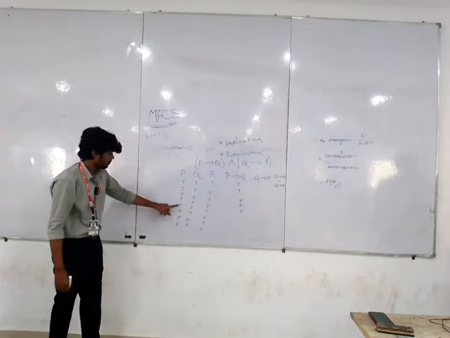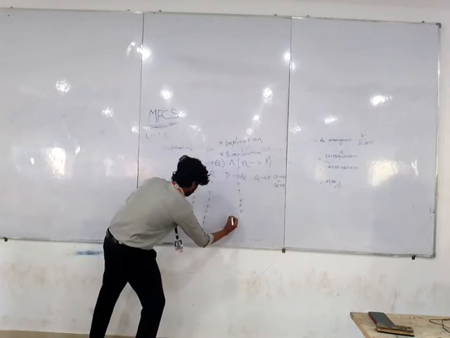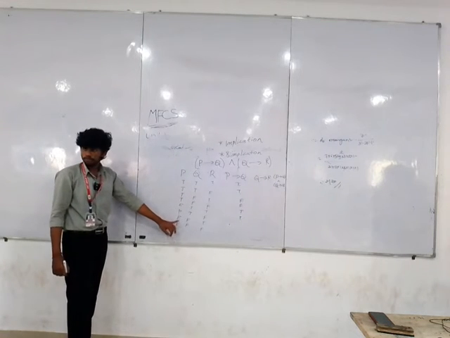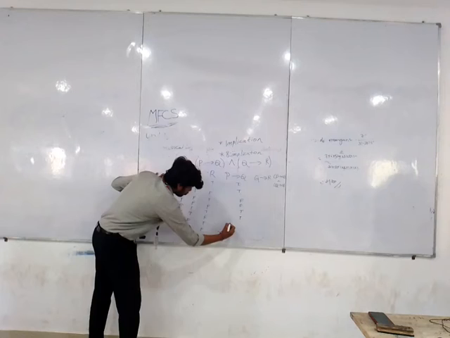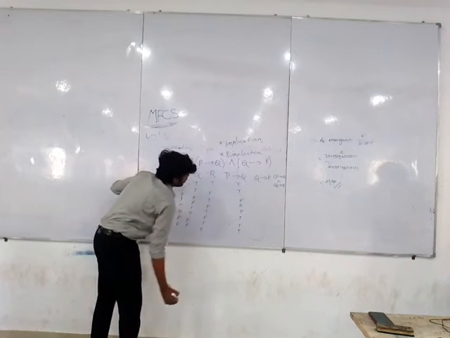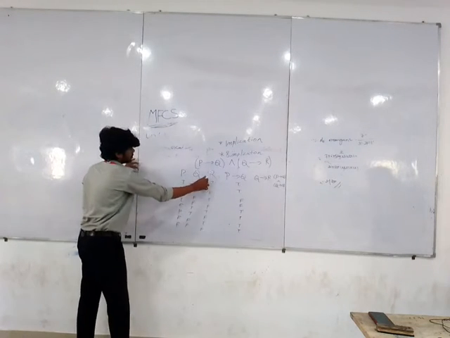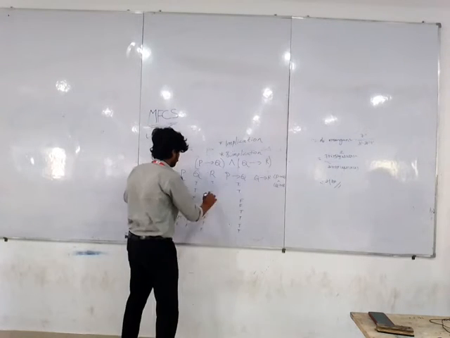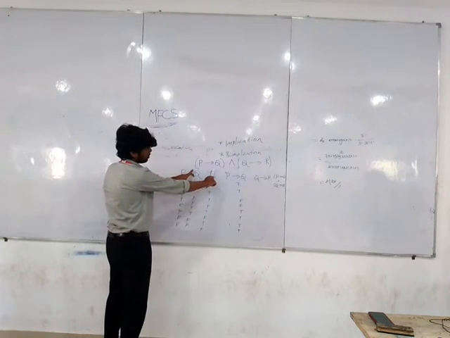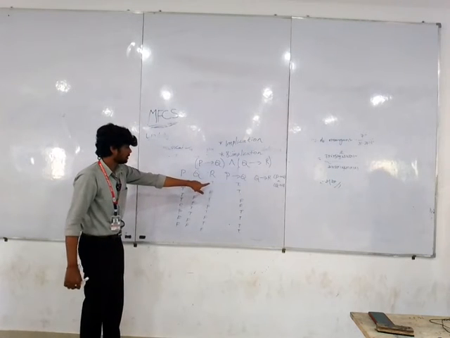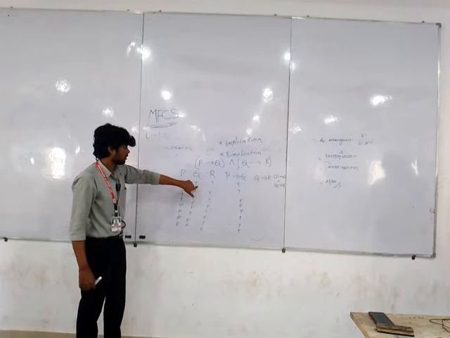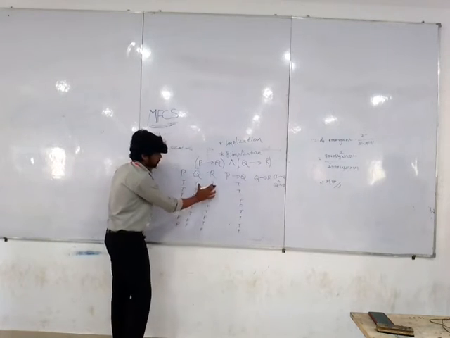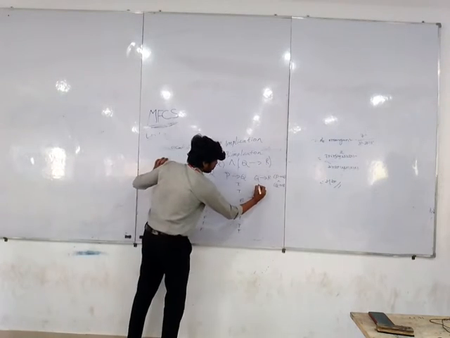And the same before, so true, and these are false, so I will write true. And coming to the Q and R, these two, implies, so these two conditions are true, so I will write true.